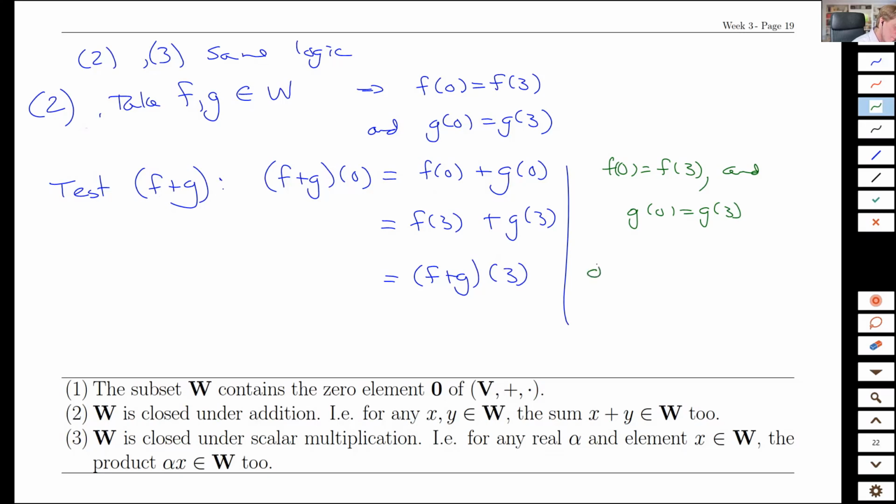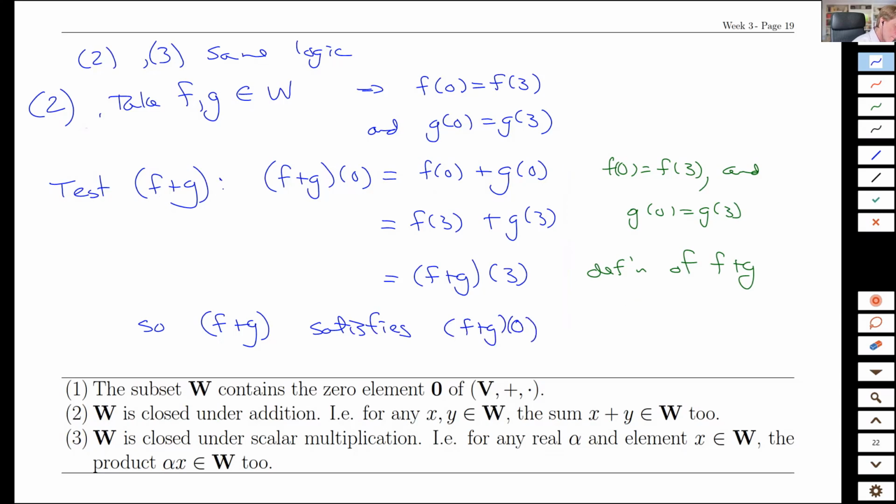That's from our definition of f plus g. And so f plus g satisfies f plus g of 0 equals f plus g of 3. So f plus g is also in our set W2.